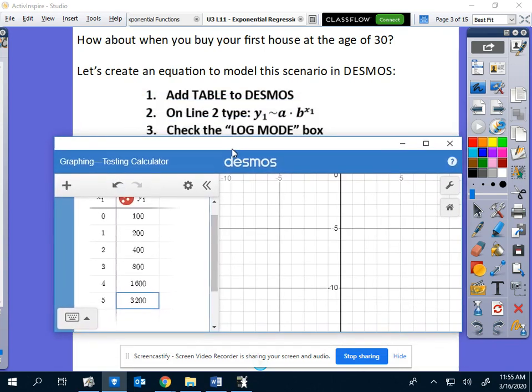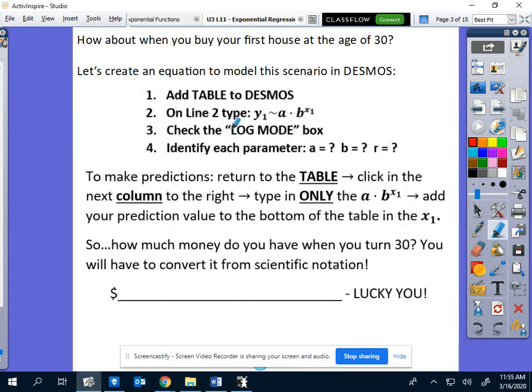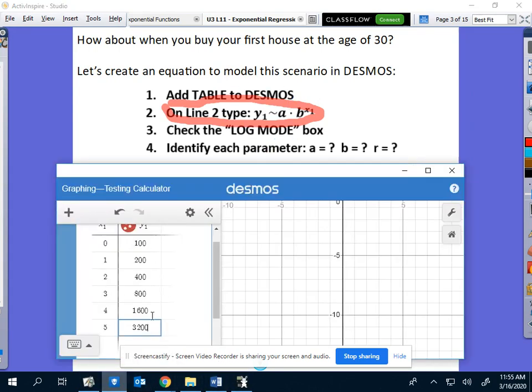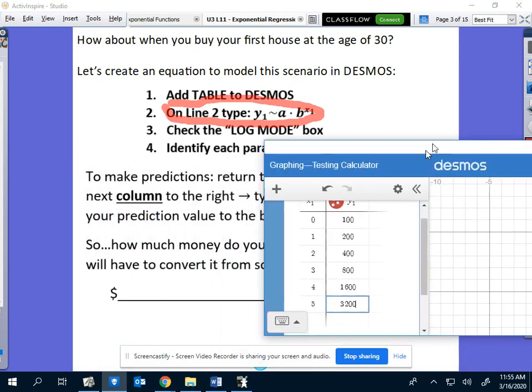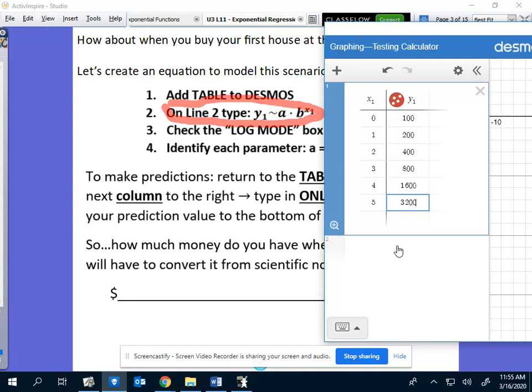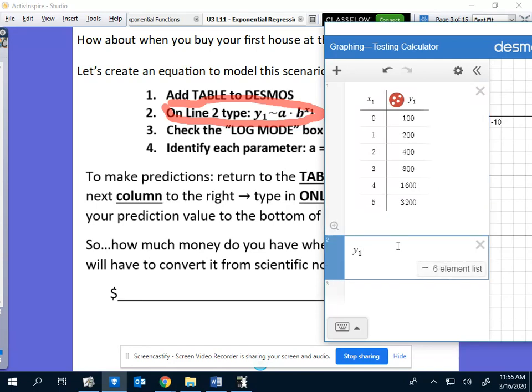So now that our table is into Desmos, our next thing we have to do is type in this equation to line 2. Some of that should look familiar, but some of it is different. So on line 2 of my Desmos app, I'm going to type in y1 and squiggles, that's shift, and then right below the escape key or next to the 1.